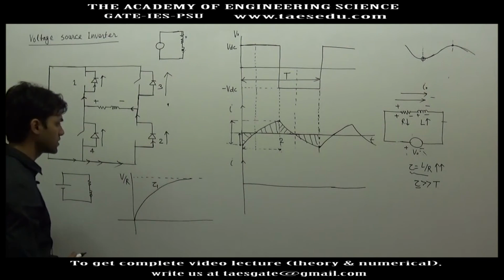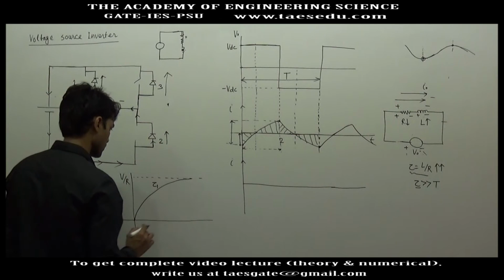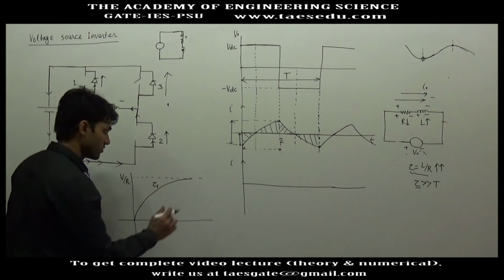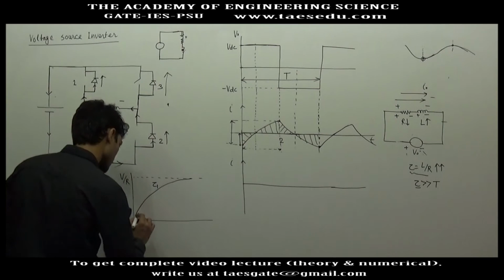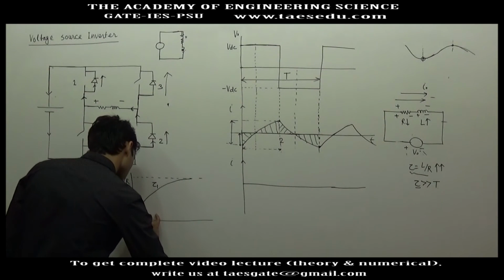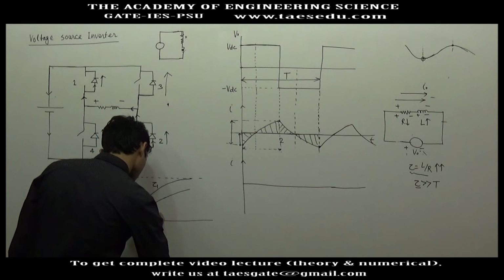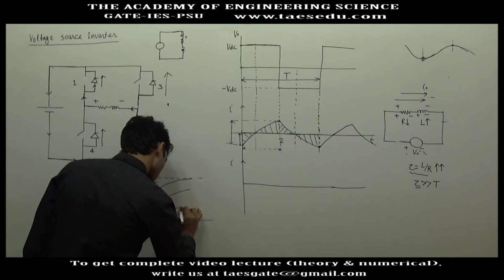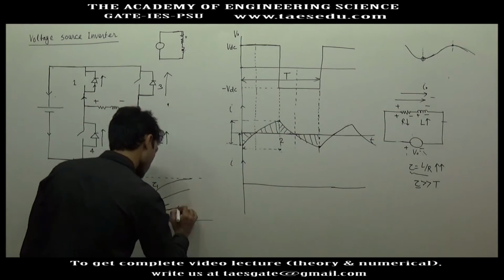Now if you increase the time constant, we know that the response of a first order circuit will be slower. It will get slower. So if you increase tau, the graph will look like this, and if you further increase tau, the graph will look like this. The final value will go to V upon R only.